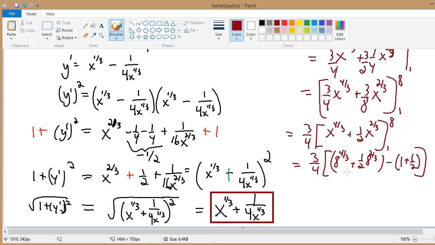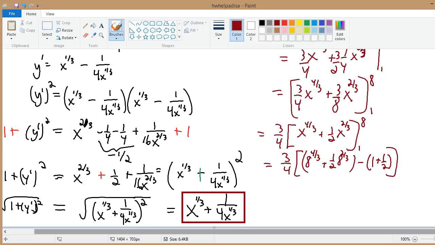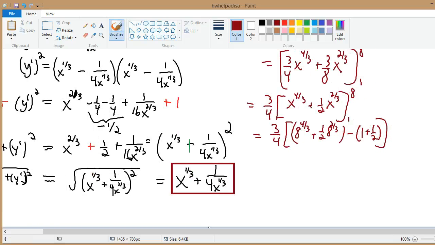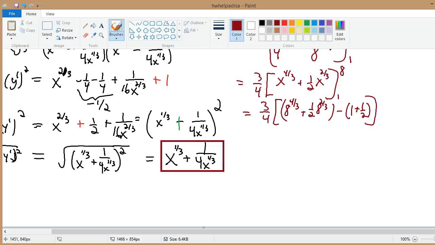Eight to the 4/3 is 2 cubed to the 4/3. It's 2 to the 4, which is 16.